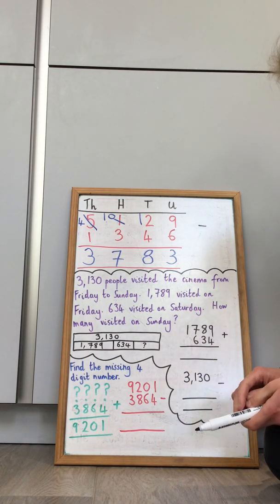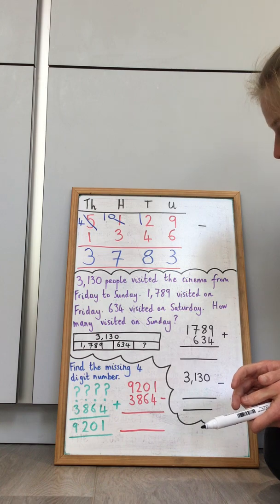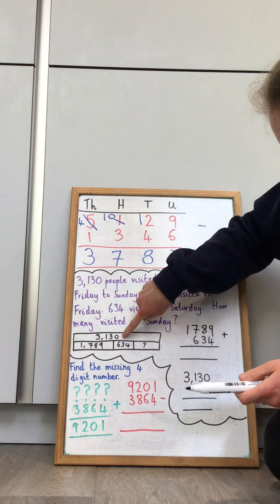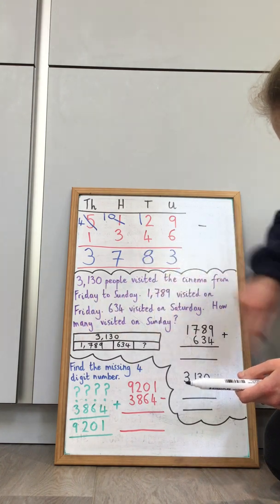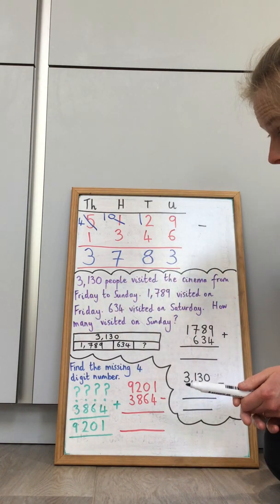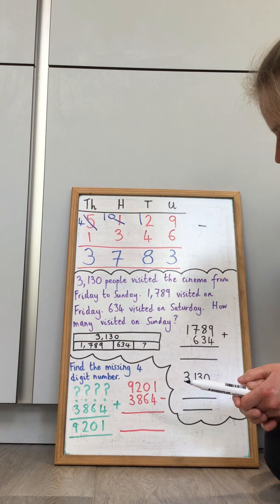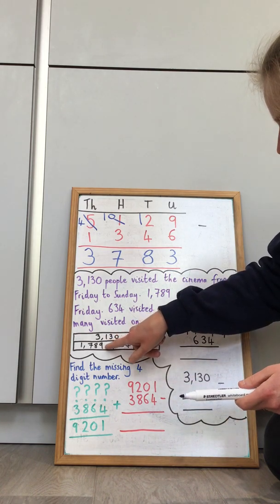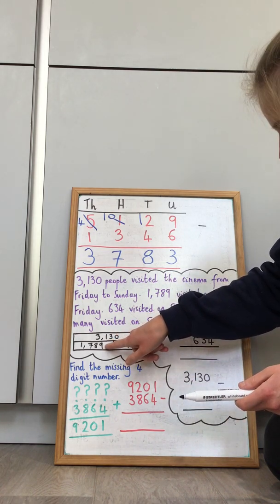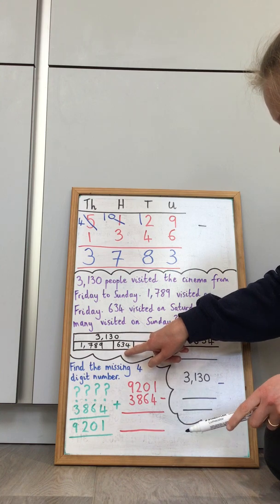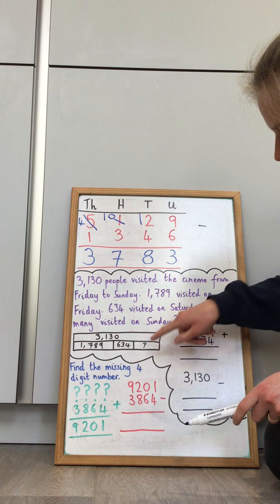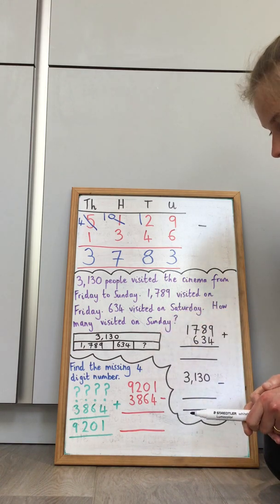So I already know that overall from Friday to Sunday, 3,130 people visited. So that's the total number that visited. I already know that 1,789 of them were on Friday and that 634 of them were on Saturday. What I don't know is how many visitors there were on Sunday.